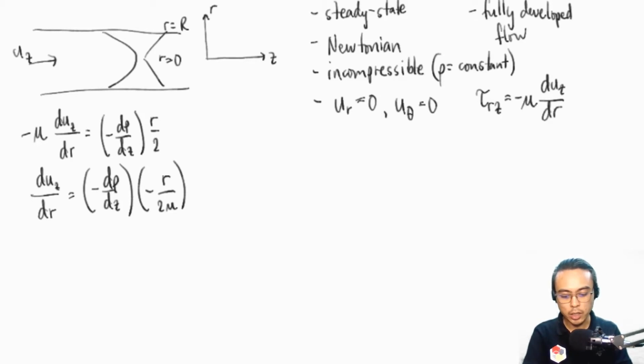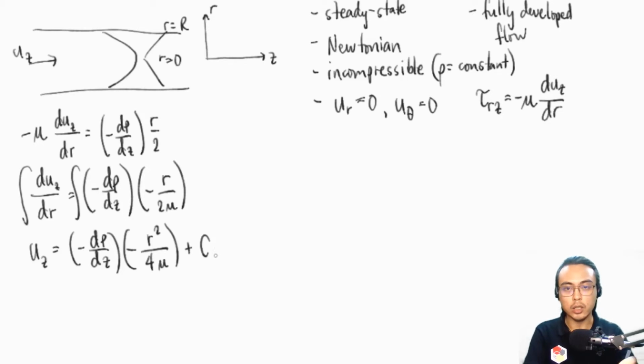So integrating, we have u sub z is equal to negative dp over dz times negative r squared over 4 mu plus an integration constant c2. As with our previous integration constant c1, we first have to determine the value of c2 before we can proceed.